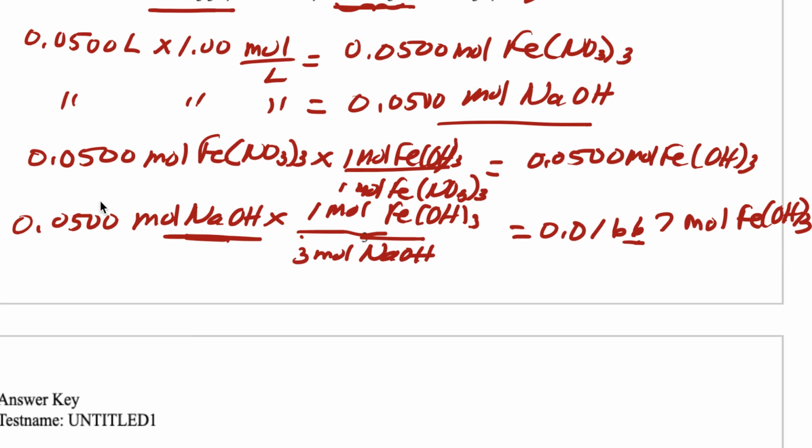So obviously our limiting reactant here is the sodium hydroxide. If I have this much sodium hydroxide, I could have 10,000 moles of iron 3 nitrate. The most that I can make would be 0.01667 moles of iron 3 hydroxide.